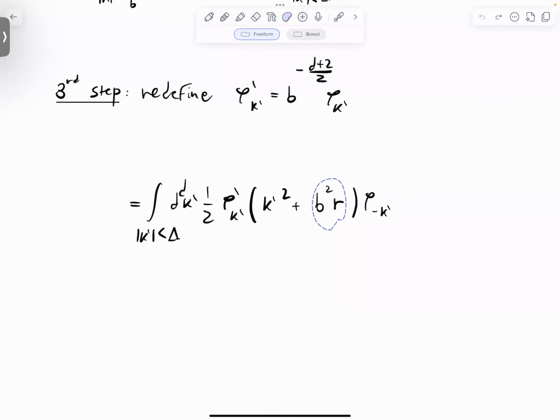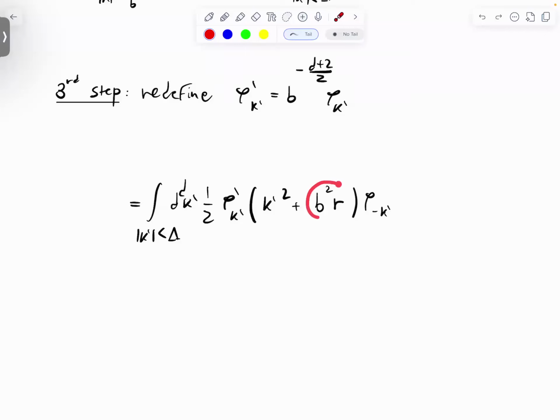Hold on one moment. So what you see here is that I've now completed the RG process because I came back to a theory that looks exactly the same, and I've made sure that the fixed point part of the action, which in this case is this k squared term, maintains the same structure.